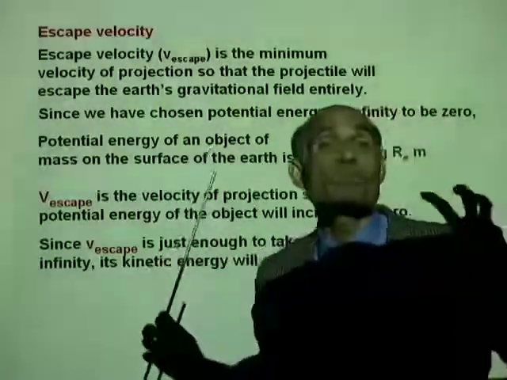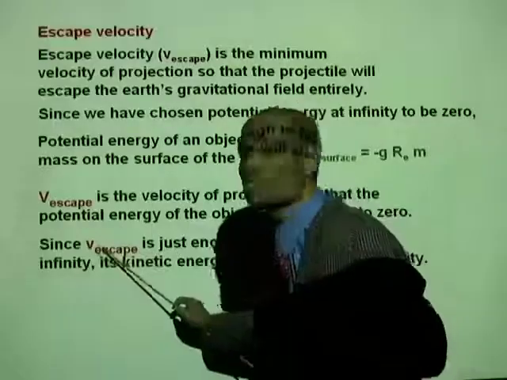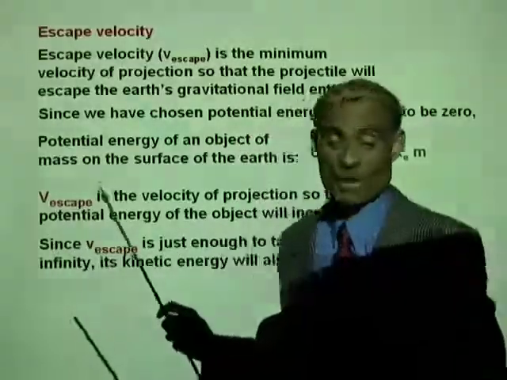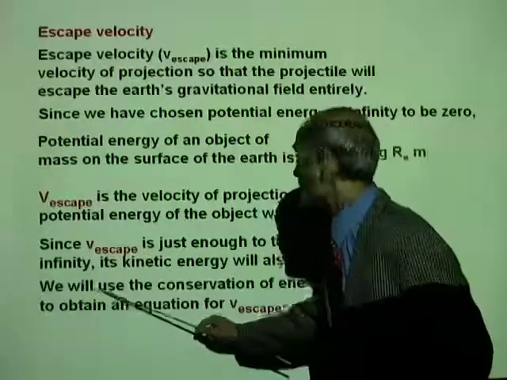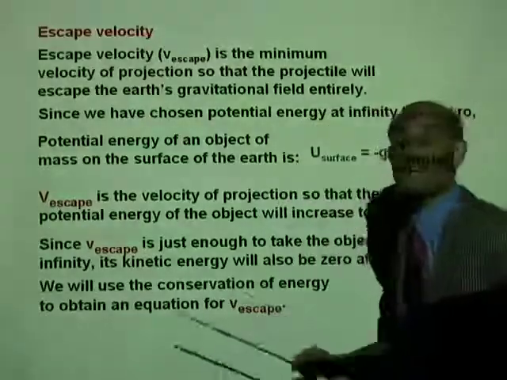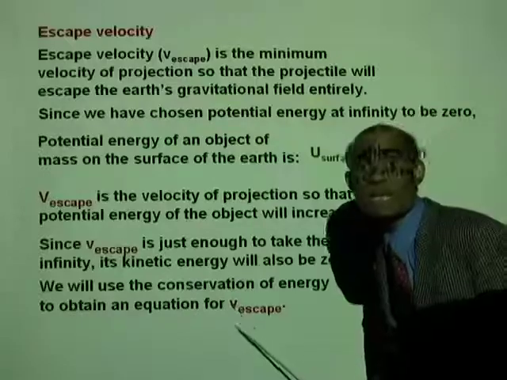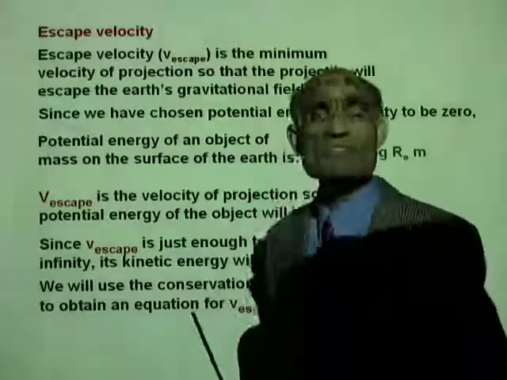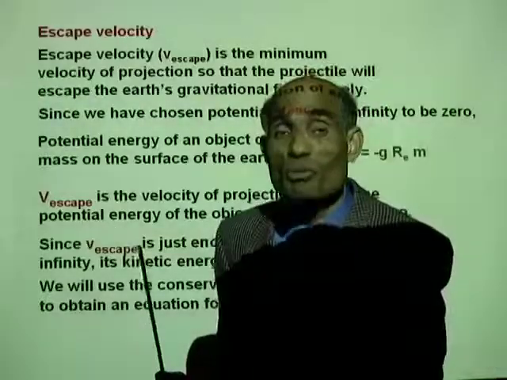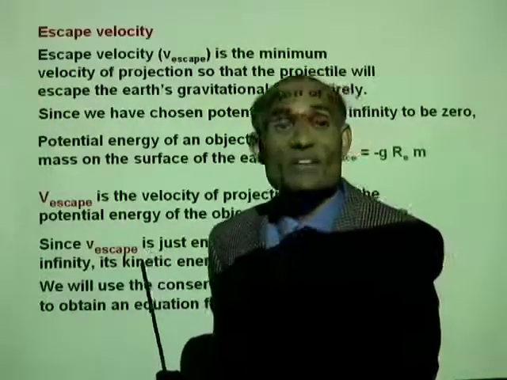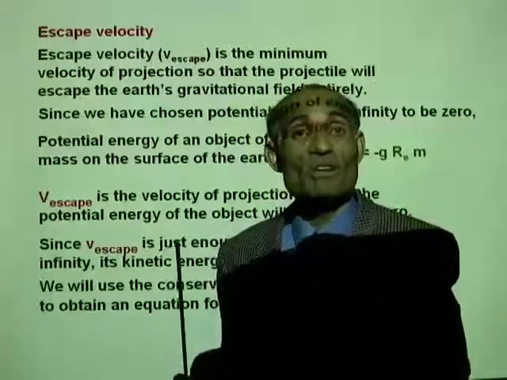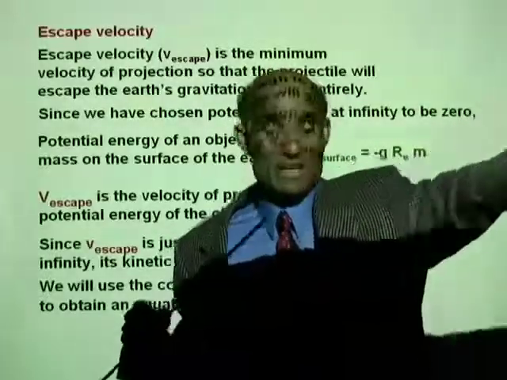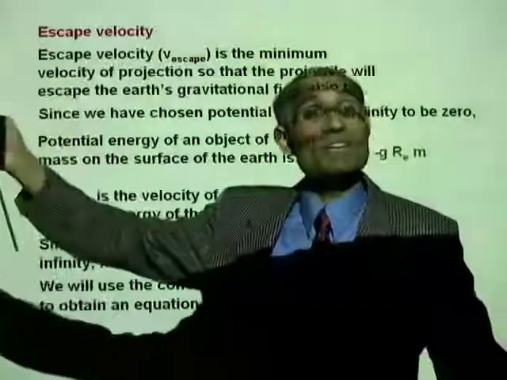That means its velocity will be reduced to zero. This velocity is just enough for it to escape the potential well. Okay, we will now use the conservation of energy to obtain an equation for v_escape. What is the conservation of energy? The total potential energy and kinetic energy on the surface of the Earth must be equal to the total potential energy and kinetic energy at infinity.